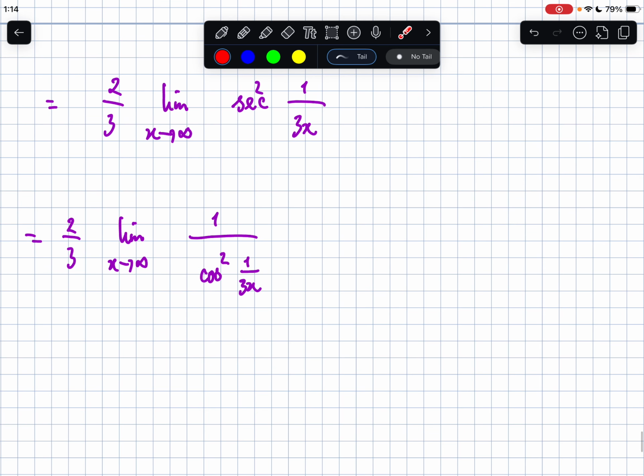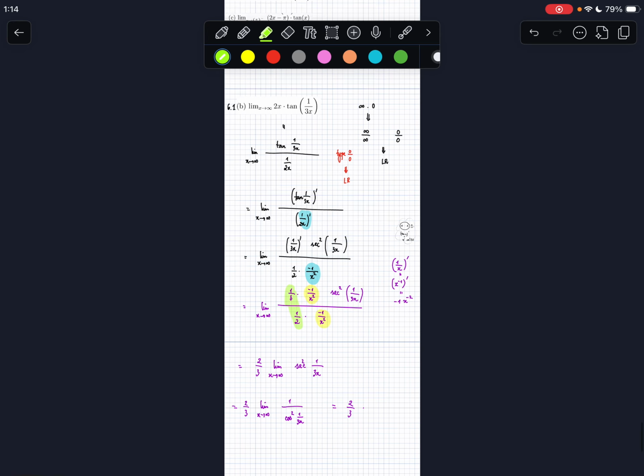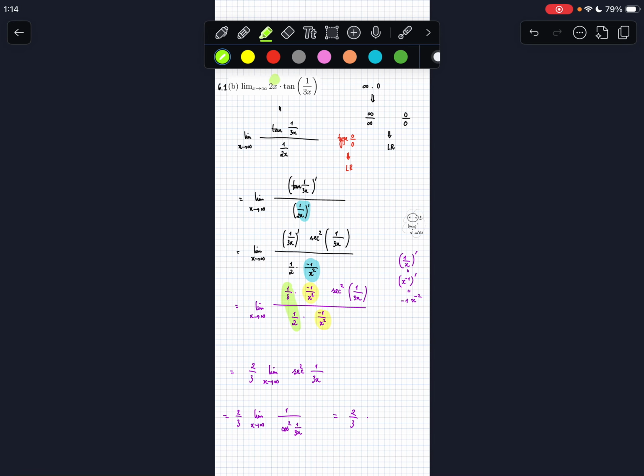As x tends to infinity, this one tends to 0. Cosine 0 is 1. So 2 over 3 times 1 squared, which is 2 over 3. And that's why this limit is 2 over 3.